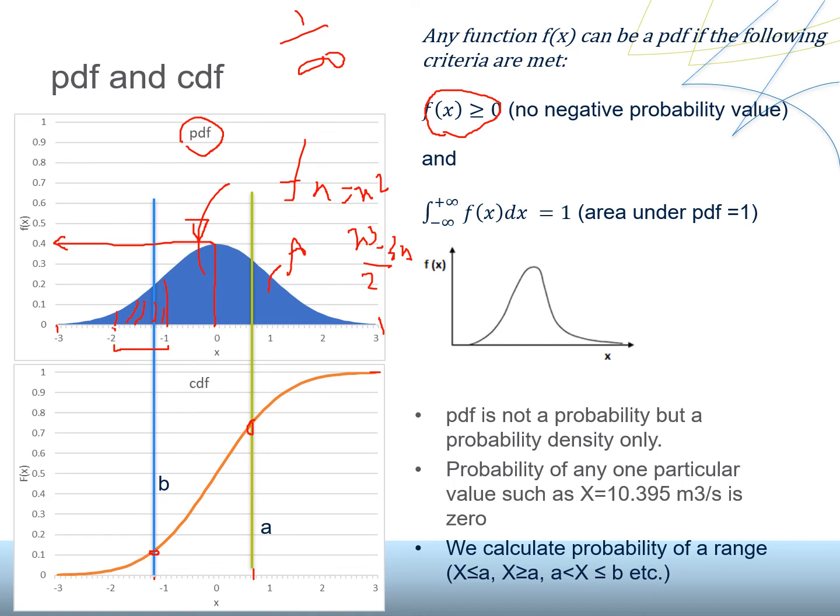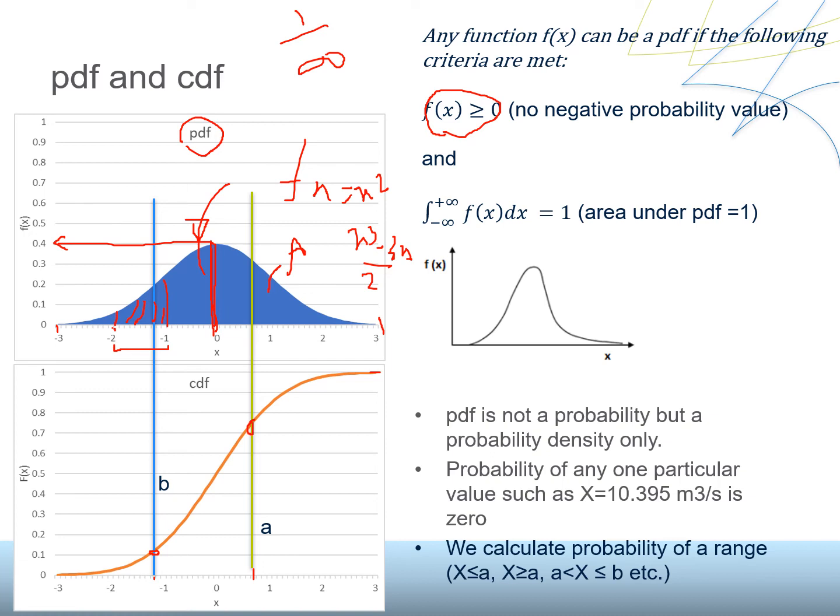So in continuous probability, for a continuous random variable, we don't talk about getting one particular value of the random variable. What is the probability of x equals 0? We don't talk like that.